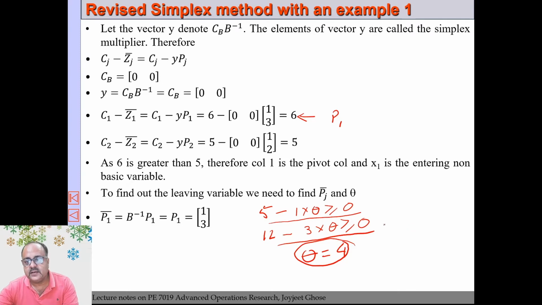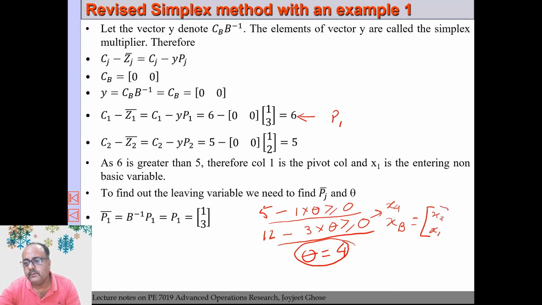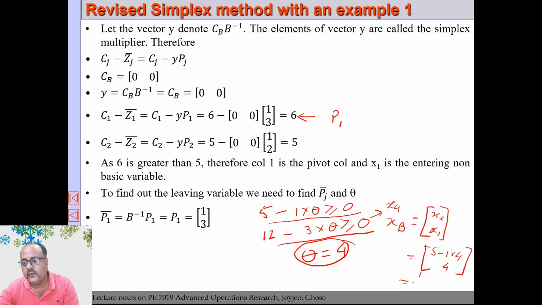So in the next iteration, xb will be equal to, see which one is entering. So here the exiting variable will be x4, and in place of x4, x1 will be entering, so it will be x3 and x1, and this is equal to 5 minus 1 into 4, and this is 4, so we have 1, 4.